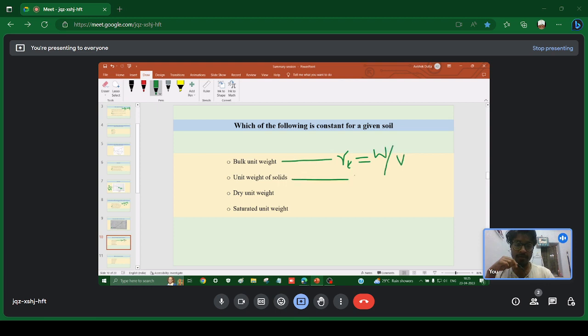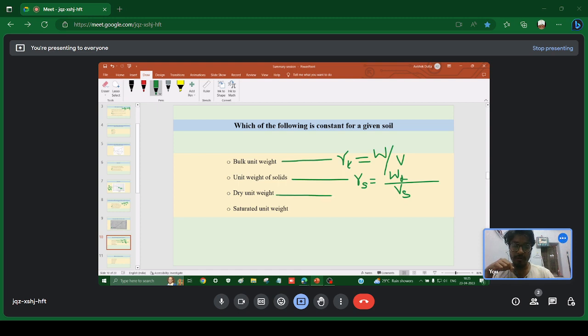For soil solids, write gamma S. Obviously, solids means we are not considering water or air, so I will be writing the weight of the soil solids, or in other words, dry weight of soil, divided by volume of only the soil solids.